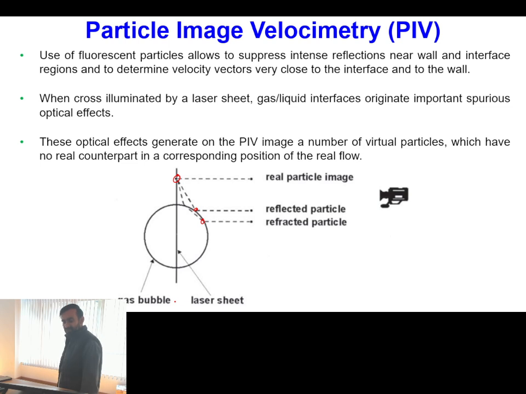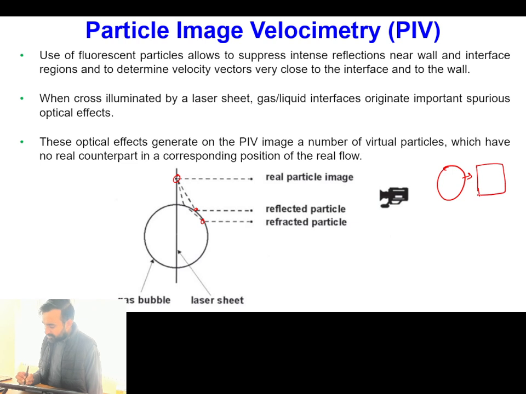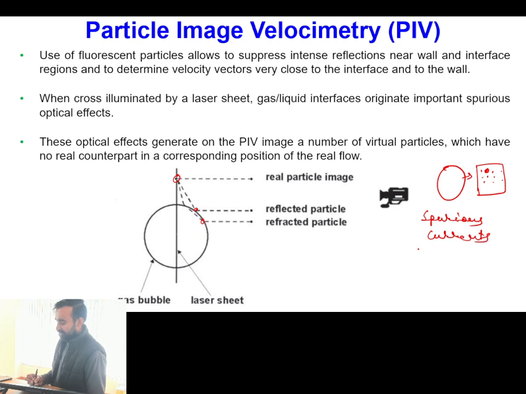So because of this reason, typically near the interface in multi-phase systems, because of the large number of reflections and refractions, whenever we get the final image, along with the actual particle, we do have the presence of some arbitrary virtual particles. And ultimately, this presence of the virtual particles, which are caused because of reflection and refraction at the interface, leads to the formation of a large number of spurious currents near interfaces.